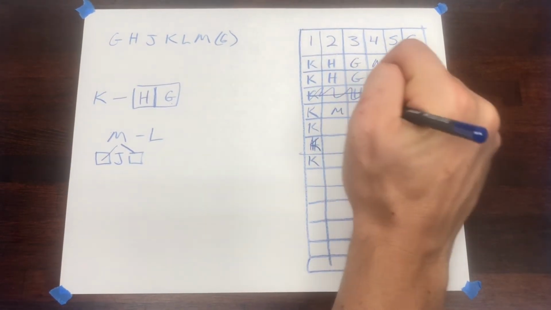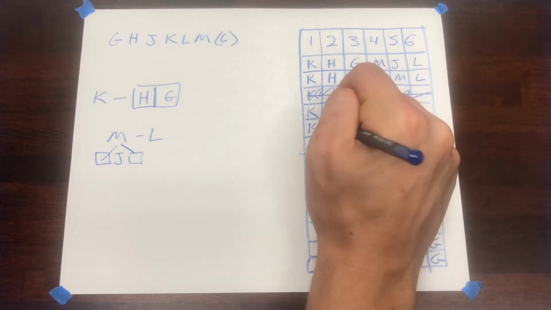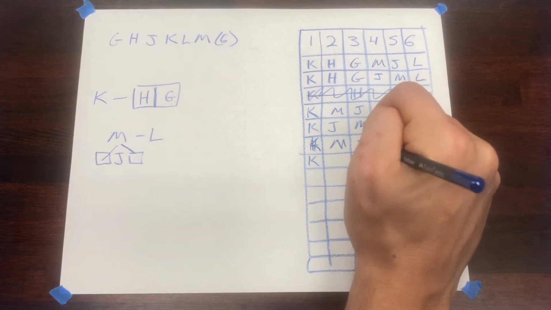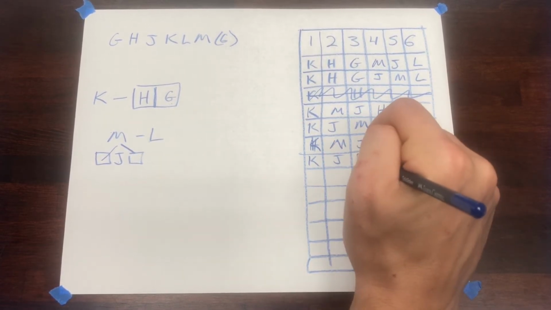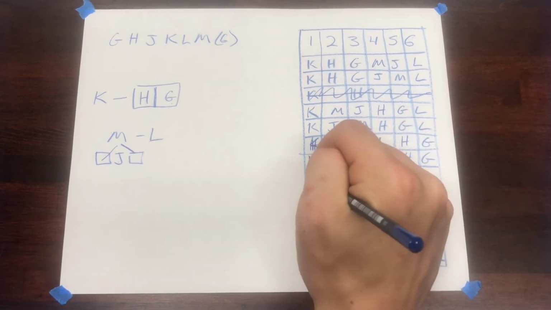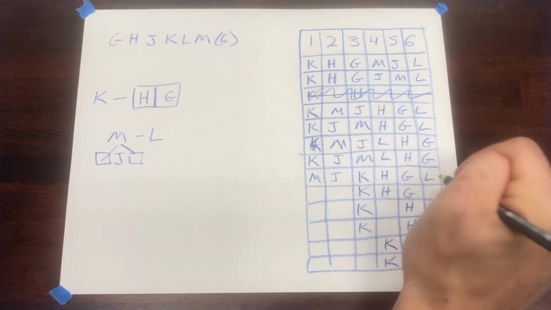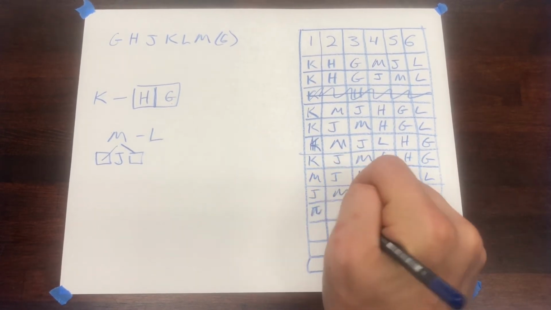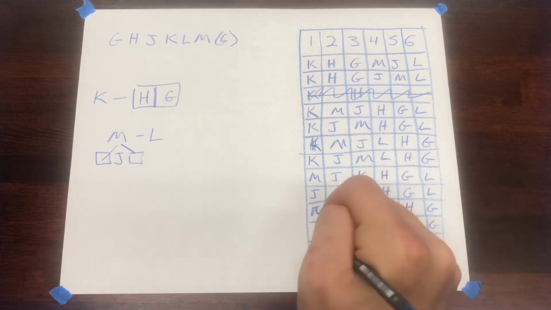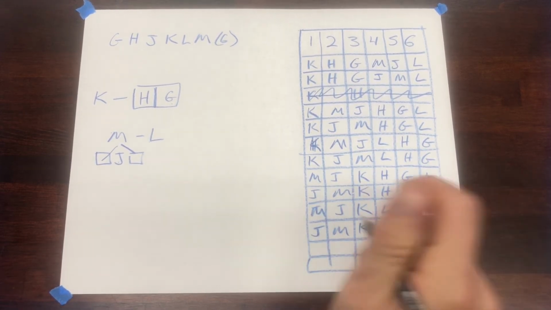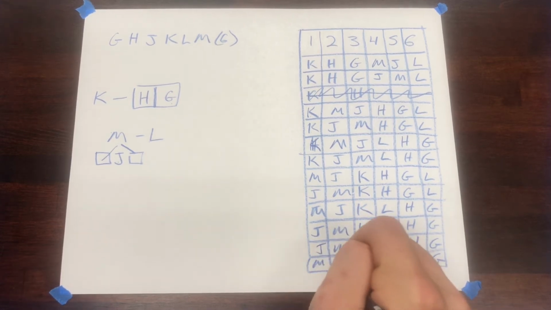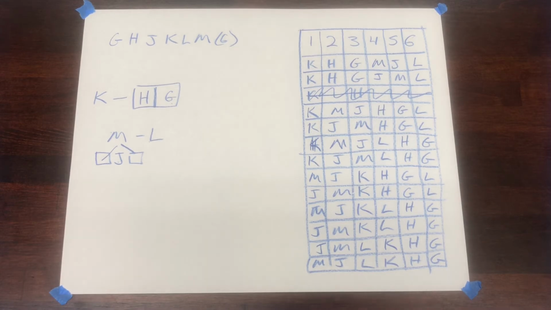I'm going to go M, J, L, J, M, L across the boards, and finally J, M, L, M, J, L, and we're finished. We're ready to answer the questions.